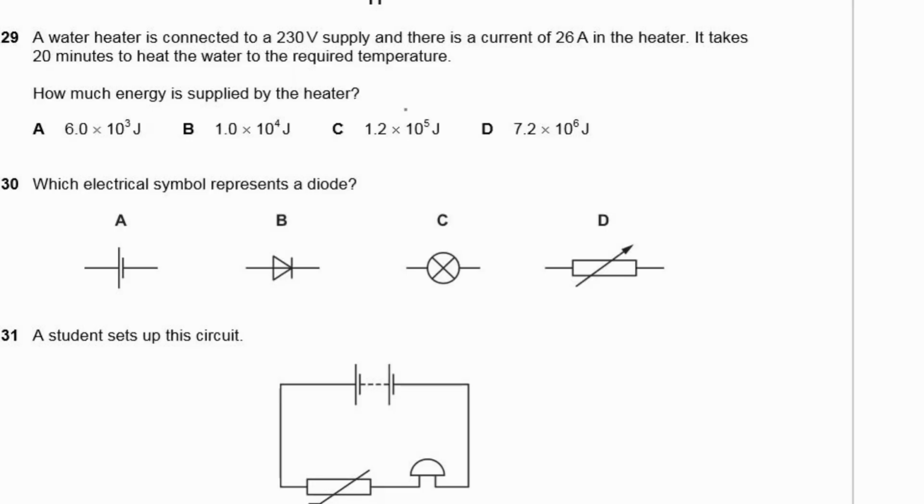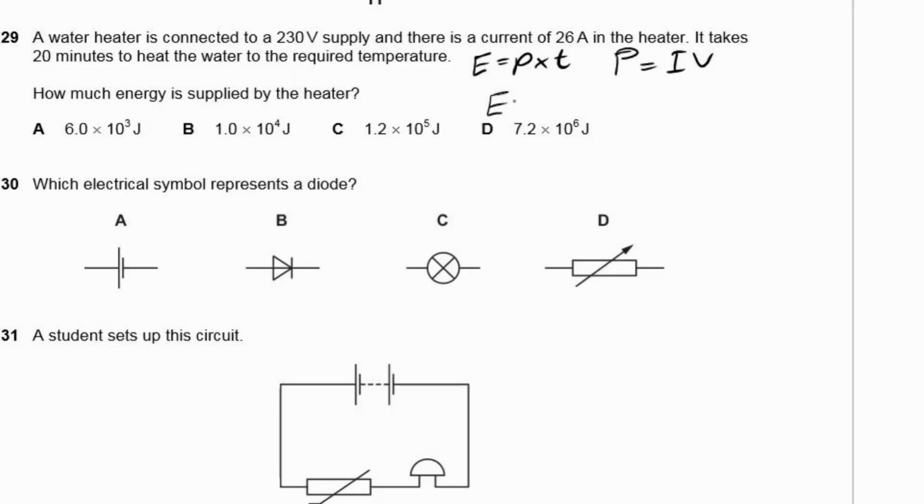29. A water heater is connected to a 230 volt supply and there is a current of 26 amps in the heater. It takes 20 minutes to heat the water to the required temperature. How much energy is supplied by the heater? Alright, let's see about this, because energy equals power times time. And we've got an electrical heater here. So the power provided by the heater is current times voltage.